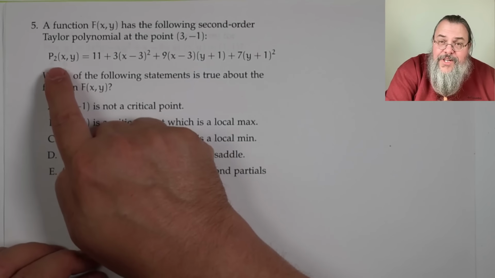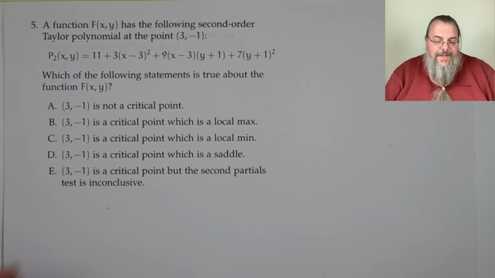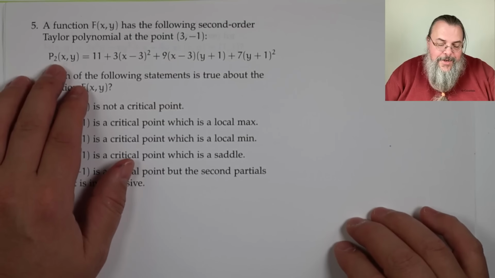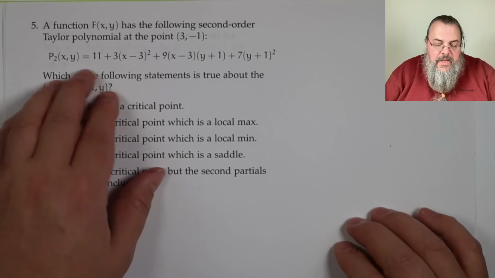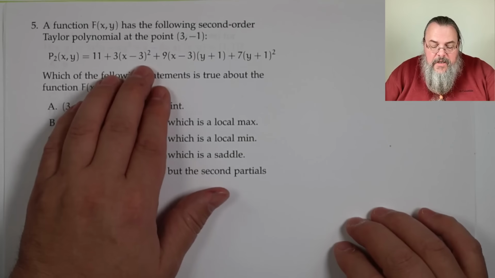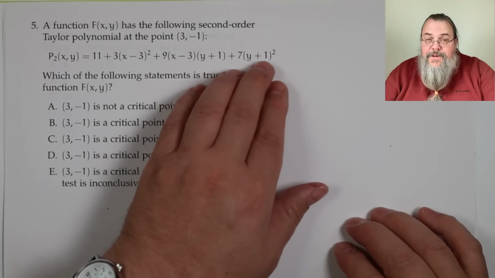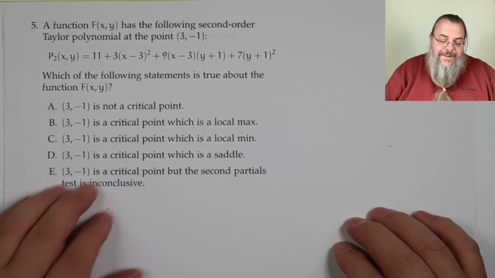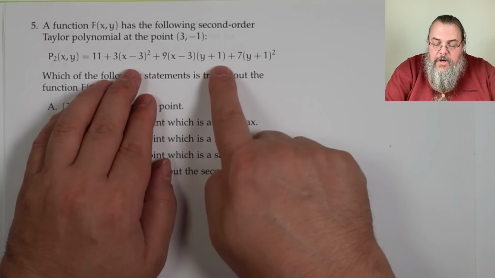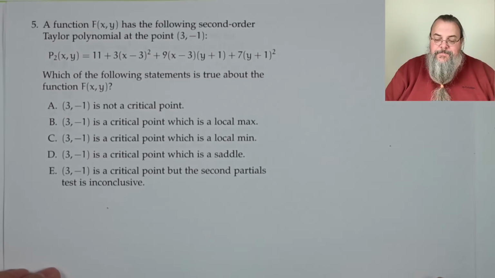If you see this notation P sub 2, the 2 here is referring to the order, so it's a Taylor polynomial, P for polynomial, 2 for second order, of xy is 11 plus 3 times x minus 3 squared, plus 9 times x minus 3 times y plus 1, plus 7 times y plus 1 squared. Now notice, why do we have x minus 3's and y plus 1's? Because that's where we're at, 3, minus 1.